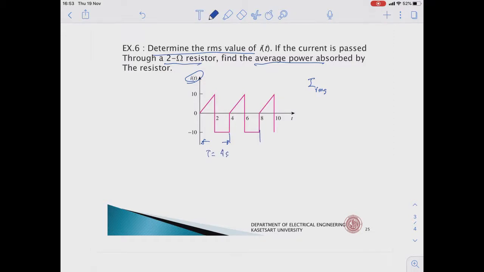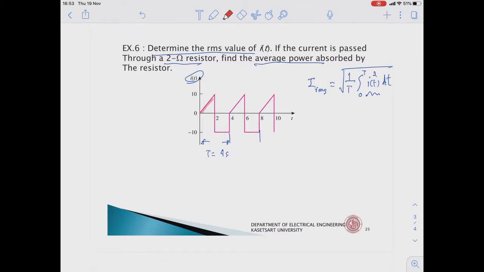So for any periodic signal, I RMS is equal to the square root of 1 over T integrate from 0 to T of i(t) square dt, right?